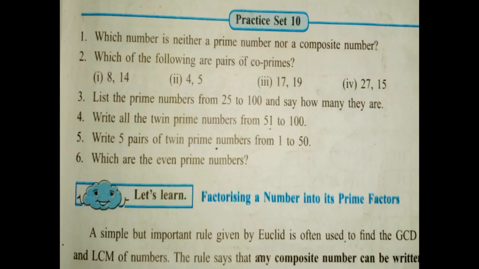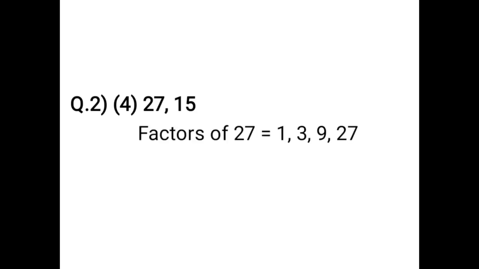Next, 27, 15. First we will write factors of 27. Number 27 is going which table? You have to write it. Factors of 27 is equal to 1, 3, 9, 27.